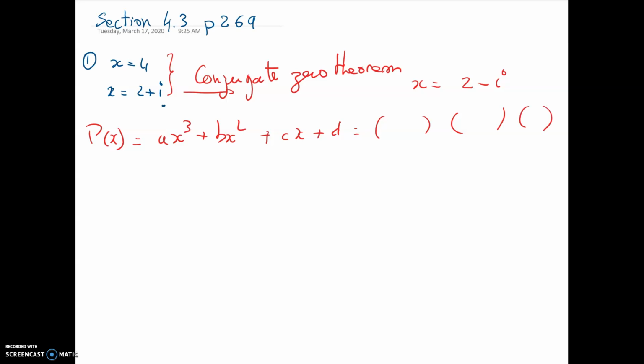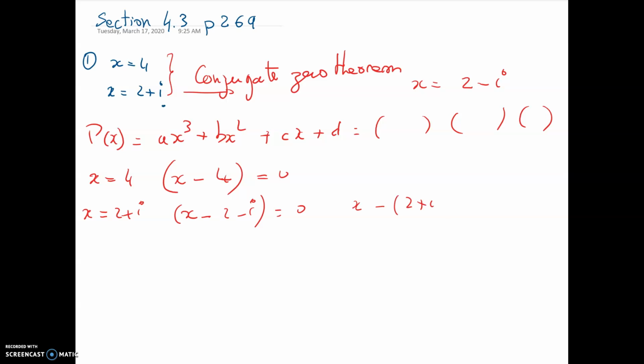That is pretty easy because now you can say that x equals 4 means the first parenthesis will be x minus 4 equals 0. x equals 2 plus i means x minus 2 minus i will be the second parenthesis. Why minus 2 minus i? Because x minus (2 plus i) equals 0, and I distribute the negative 1 to the 2 and to the plus i, which gives me x minus 2 minus i.